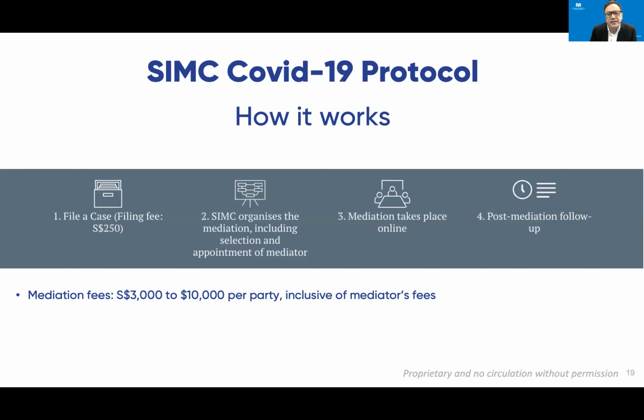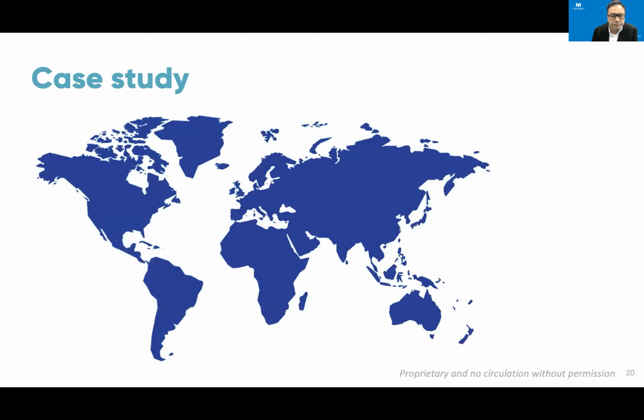And we're very happy that this COVID-19 protocol has received tremendous support. In fact, we've seen almost a doubling of our number of disputes here at SIMC, and almost all of them are international in nature. So if anyone has any questions, we're very happy to take them up offline with each one of you. Next chart.